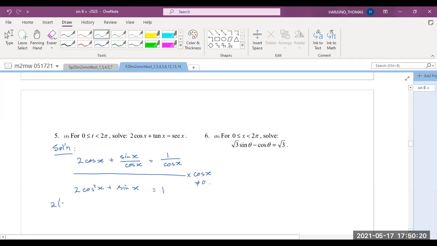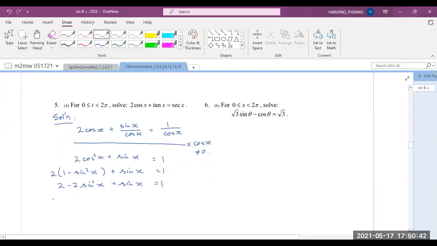So this is 2 times (1 minus sine squared x) plus sine x equals 1. Negative 2 sine squared x plus sine x plus 1 equals 0.